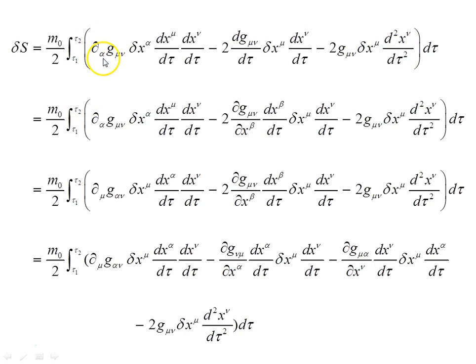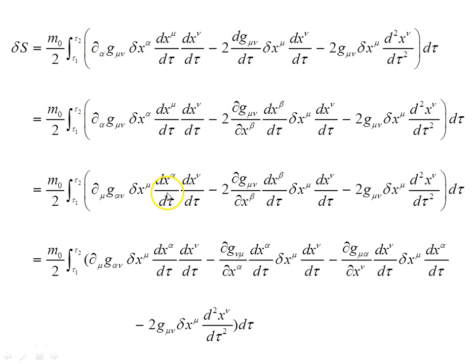Next line down, we have this here, delta x mu, and this derivative of the metric with respect to tau can be broken down into this partial derivative with respect to the coordinates times dx beta d tau times all that object there.